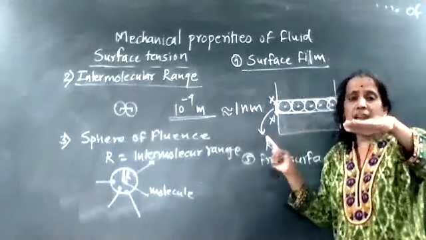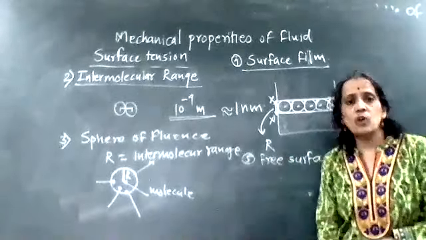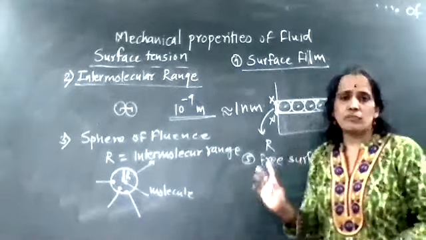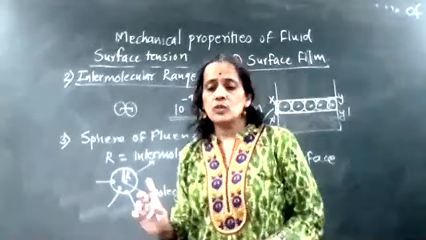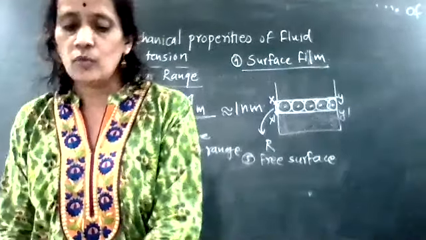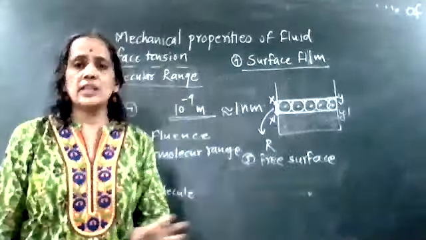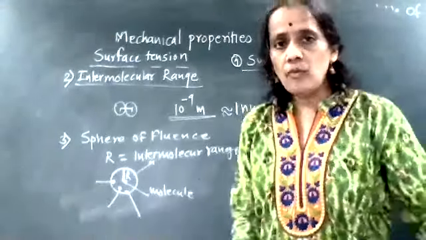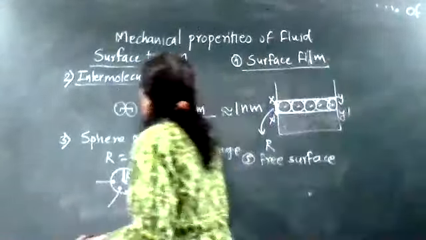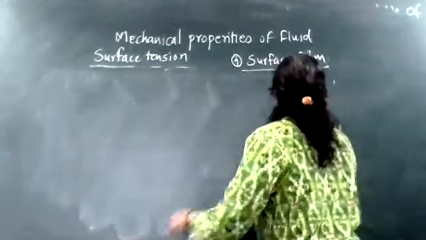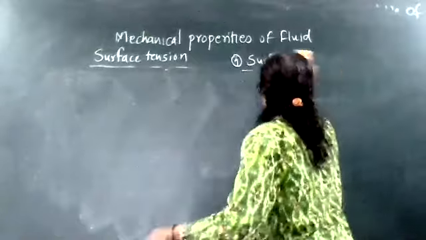So XY acts as the interface between air and water, which is called the free surface. Got it? These are the important terms we come across with surface tension. Clear? Now we are going to concentrate on the actual term, surface tension.